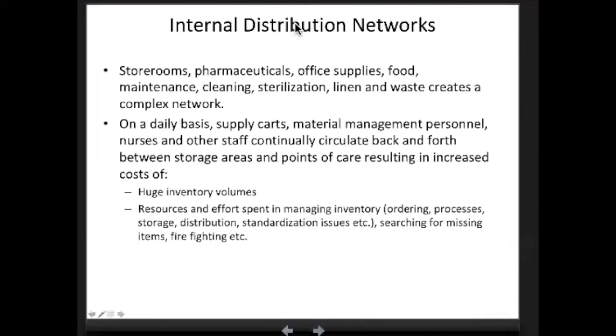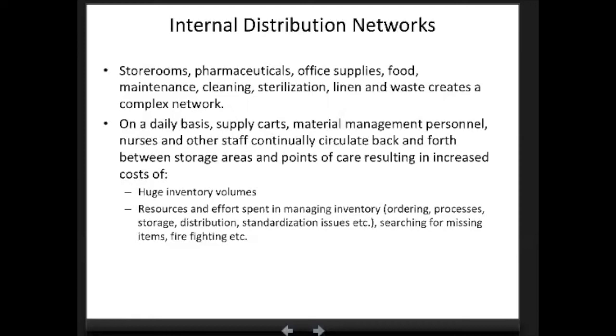So they start with internal distribution networks that exist in healthcare, where storerooms, pharmaceuticals, office supplies, food, maintenance, cleaning, sterilization, all these different items that are being used in healthcare create a complex network. On a daily basis, you have supply carts, material management personnel, nurses and other staff continuously circulating back and forth between the storage areas and the points of care.